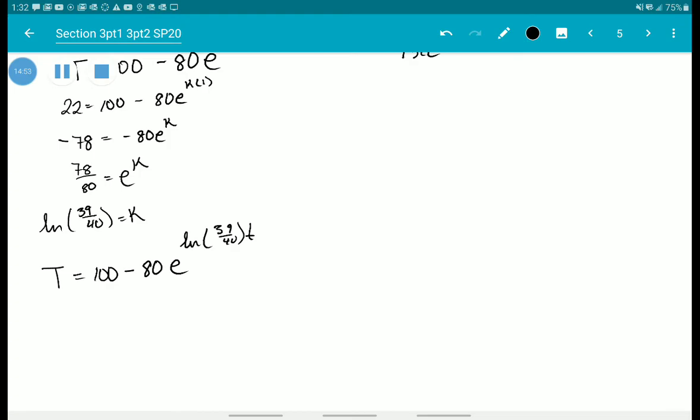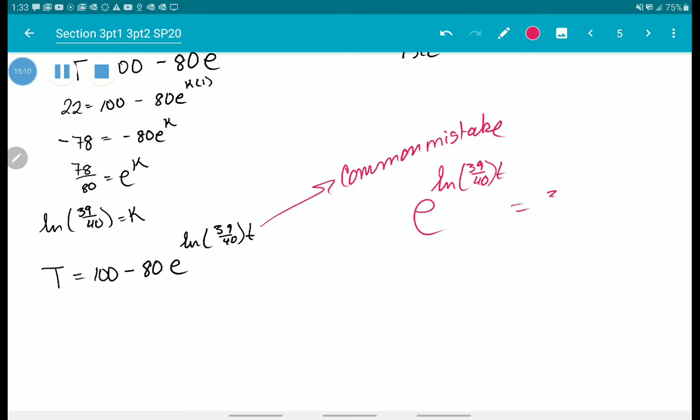Now you do have to be careful here. A common mistake, and I'm going to write this in a different color. A common mistake is that people like to say e to the ln of 39 over 40 times t is the same thing as just 39 over 40t, and that is not the case.